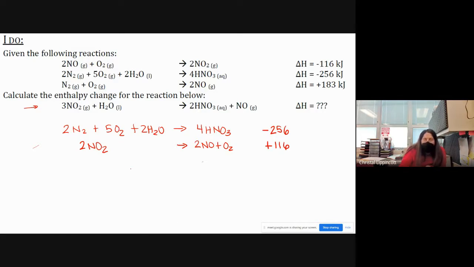All right, I've got to get this guy turned around to get these oxygens to start to be able to cancel. And then I'm going to have to run through a little bit more algebra here, okay? So I'm going to flip this guy around. So 2NO, and that's going to be 2N2 plus 2O2.